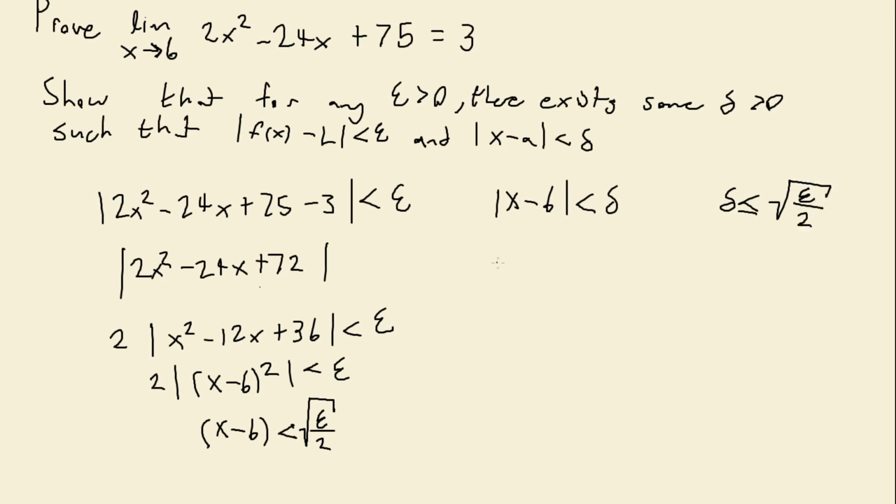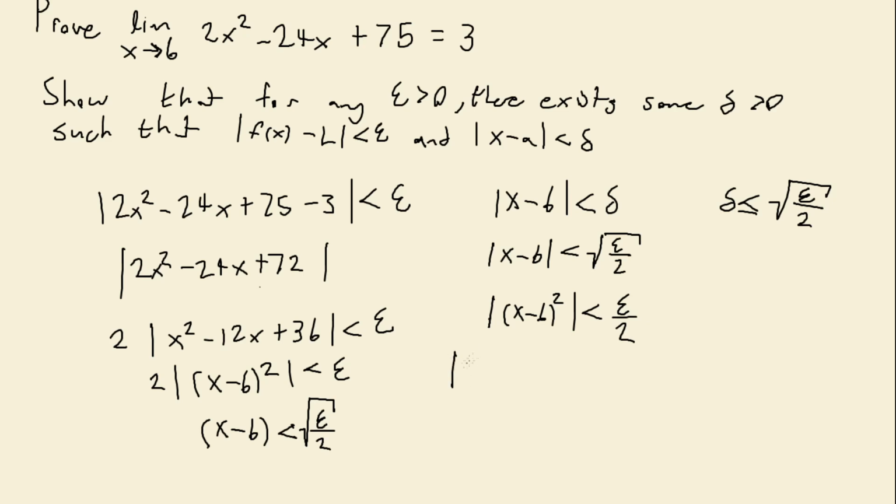then we can plug that in here and see what happens. We have the absolute value of x minus 6 less than the square root of epsilon over 2. We could square both sides. Squaring both sides, if I square the absolute value of x minus 6, that's just going to be the absolute value of x minus 6 squared, less than epsilon over 2. Then we multiply both sides by 2.